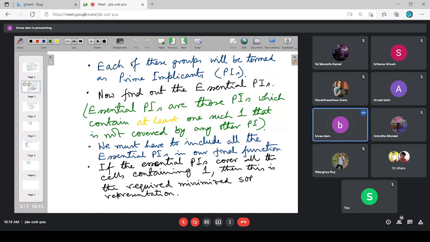I repeat, by essential PI, what we mean is, in this particular PI, there will be at least one cell containing one, which is not being covered by any other group. So this particular cell is exclusively being covered by this PI. So this PI must be termed as one essential PI.